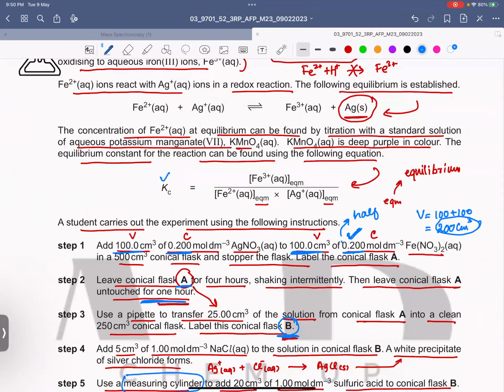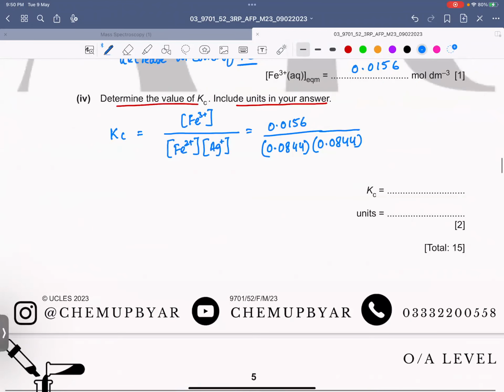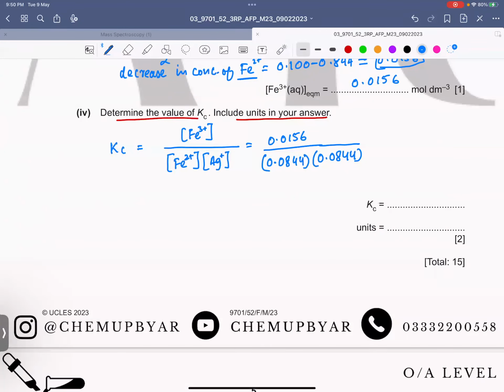So can anyone solve it and please tell me the answer? Sir, 2.19. So Kc is 2.19 and now you have to find the unit. In the numerator we have mole per dm cube, and in the denominator we have mole per dm cube times mole per dm cube, right?